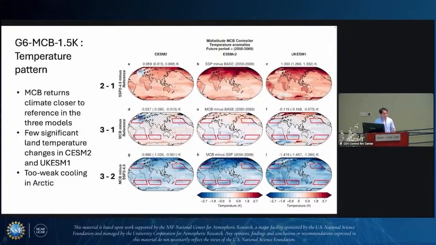For E3SM, I only have 1 ensemble member so far. But you can see that there's a significant reduction in the temperature anomalies globally across the 3 models, and there are much fewer significant land temperature changes in CSM2 and E3SM. And then in the case of UKSM, we're not quite cooling enough, especially at northern high latitudes.